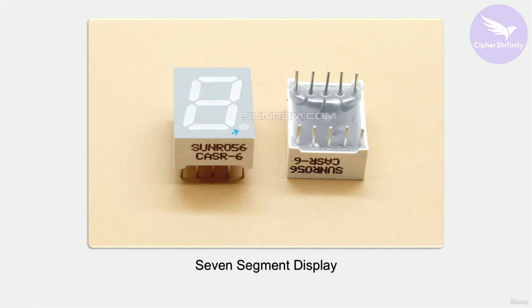And on the bottom side of this 7-segment LED display, you will find these pins. With the help of these pins, you can independently control each and every LED on this display. If you count the total pins: 1, 2, 3, 4, 5, 6, 7, 8, 9, 10.